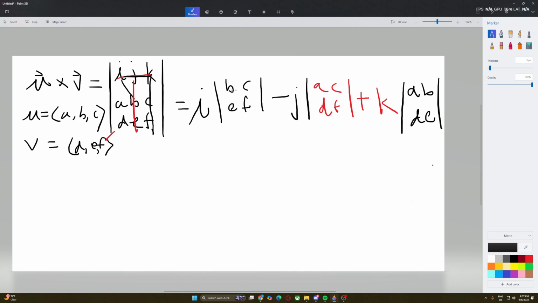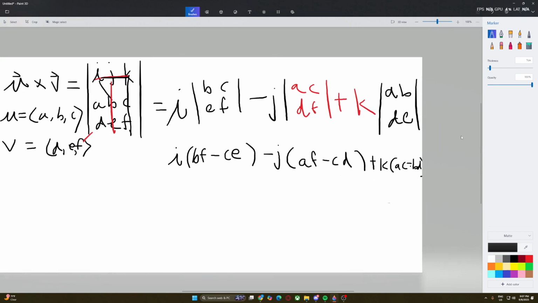Now we get the determinant of these. The determinant goes left to right and top to bottom. Left top, right bottom, that's the priority. So B times F, BF, and then minus CE, minus j times AF minus CD, plus k times AE minus BD.